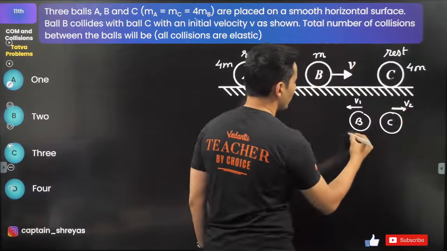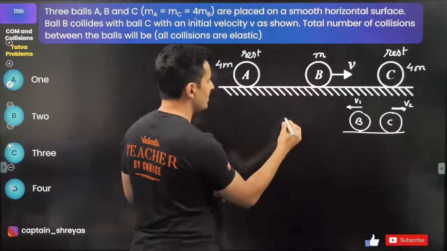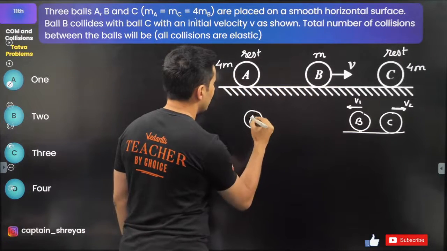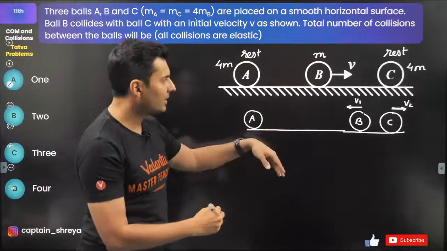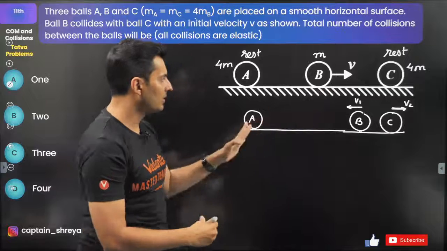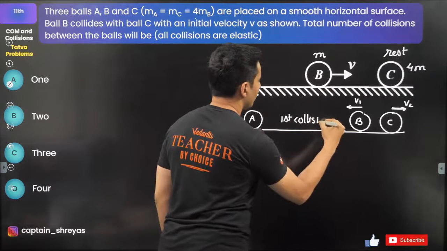This is V2. This is what I'm assuming. Meanwhile, obviously A will just stay there as it is. Nothing happens to it. This is the situation after the collision. Let's try to figure out what is happening. This is your first collision.